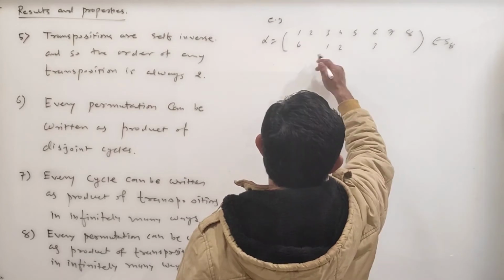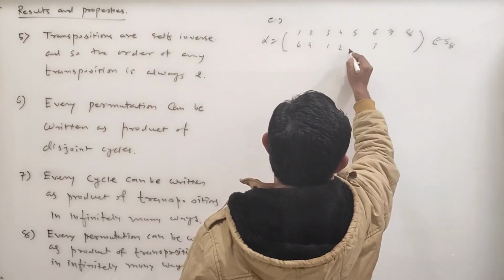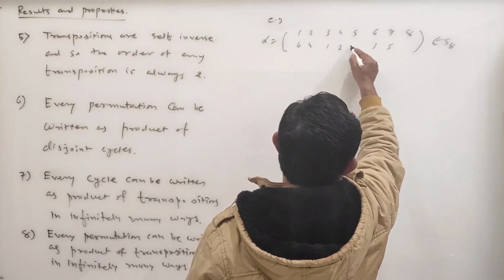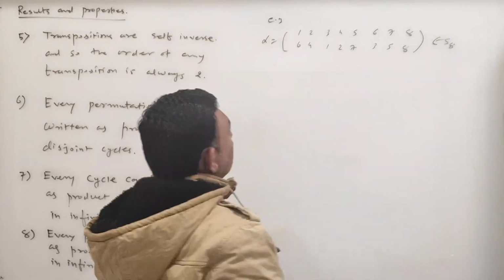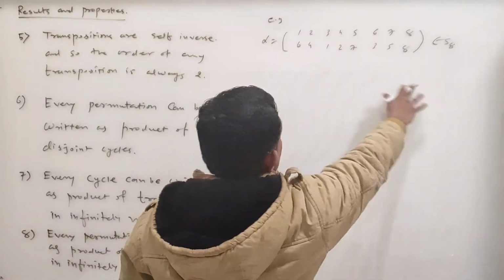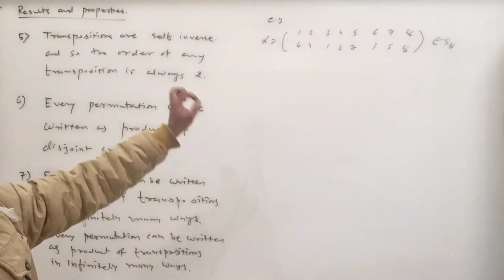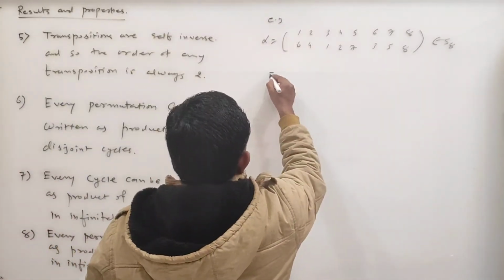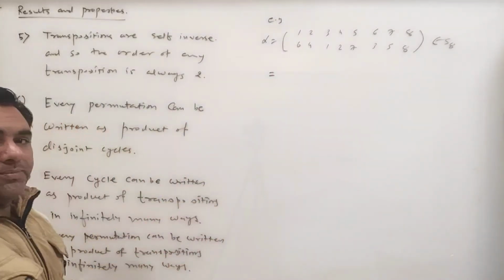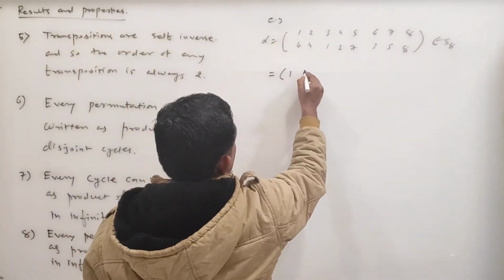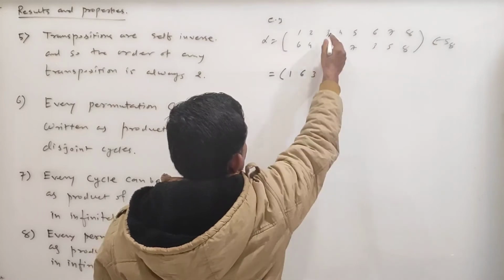Okay, so now this alpha is what? It is a permutation in S8. I don't know whether it is a cycle or not, but let us write it down. It can be written as a product of disjoint cycles. So let us start with 1 goes to 6, then 6 goes to 3 and 3 goes to 1.